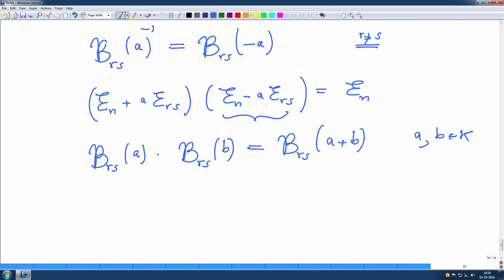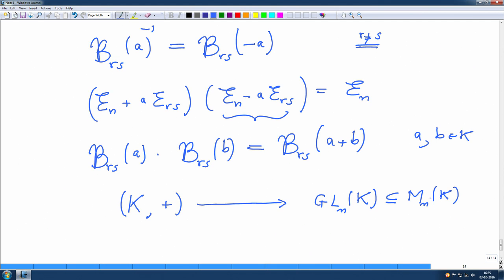So this means these matrices, you can think, it's a group homomorphism. I want to put it in a little bit fancy language. Let us take the additive group of the field K, plus, and then take GL_n(K). This is the group of invertible matrices of order n.